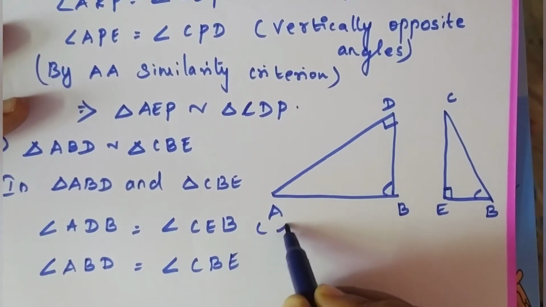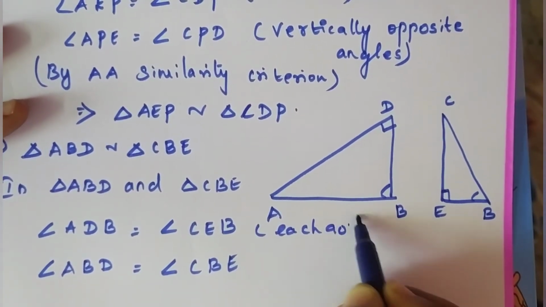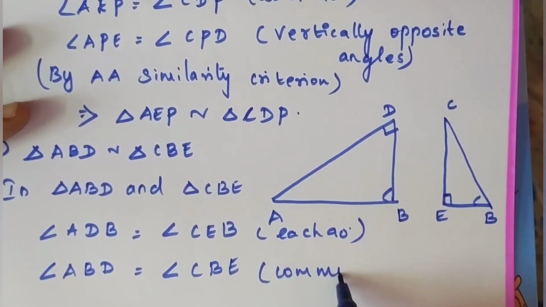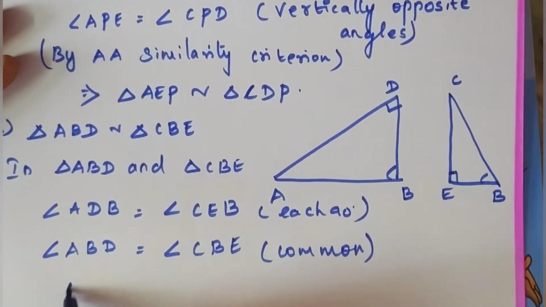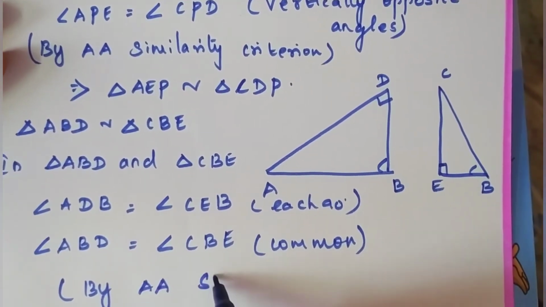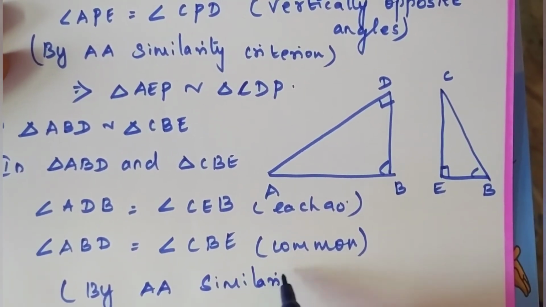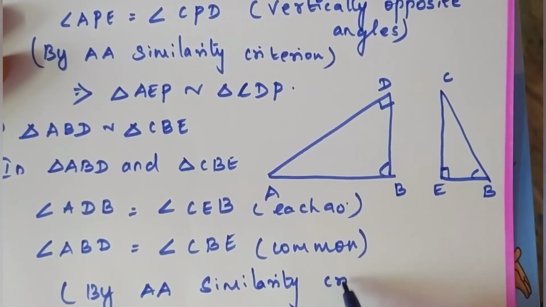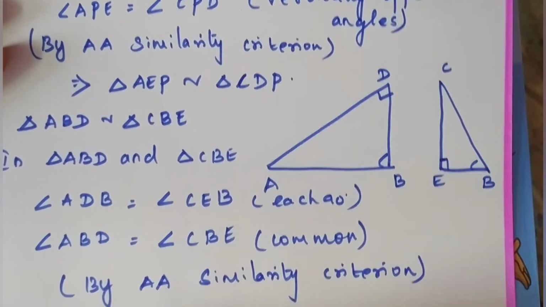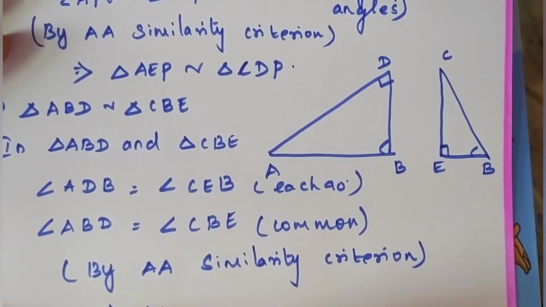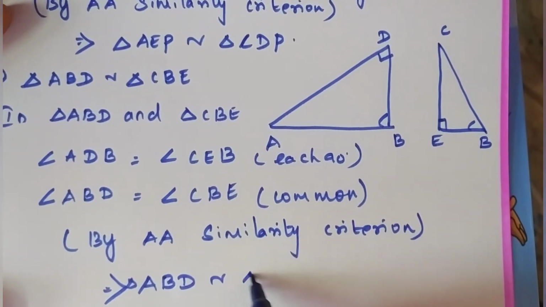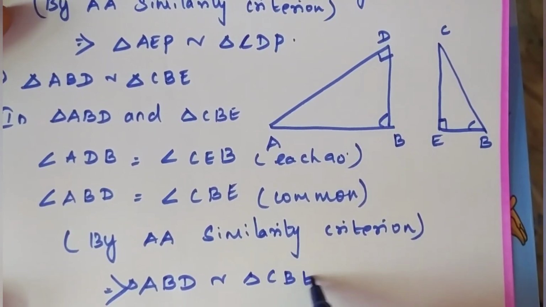Therefore, this one is each 90 degrees, and this one is common. Angle B is common. So by AA similarity criterion, triangle ABD is similar to the triangle CBE.